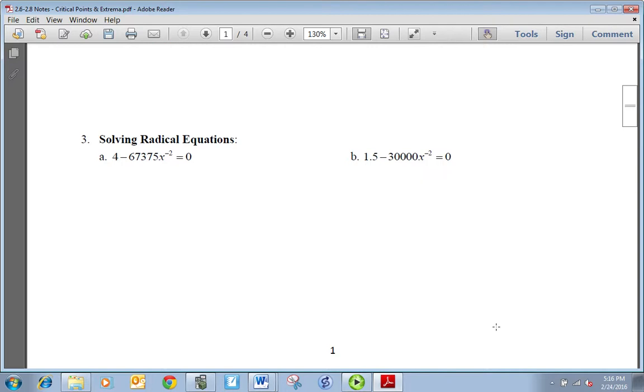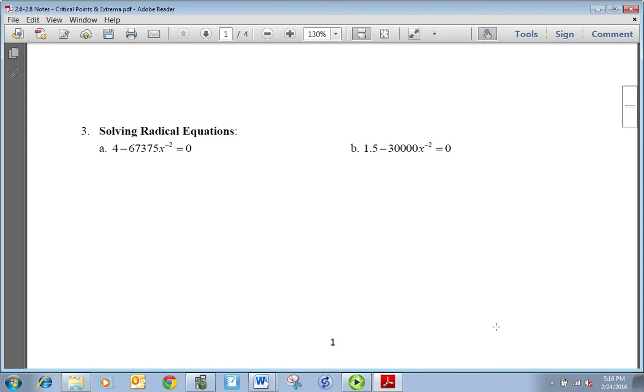Solving radical equations, this is going to come up a little bit in this section, so I want to go over it. First, I would subtract 4 on both sides. And then we're going to rewrite this. It's going to be minus 67,375x to the negative 2 equals negative 4.